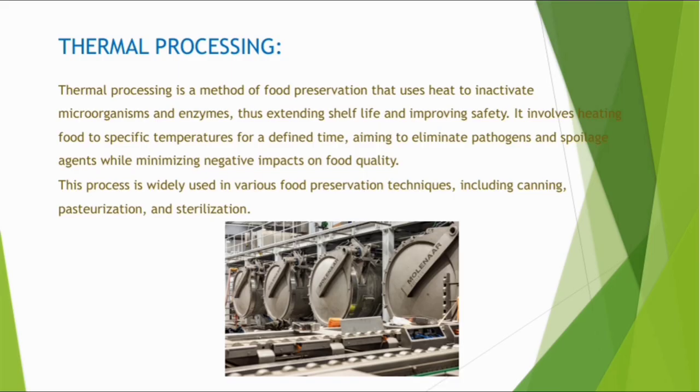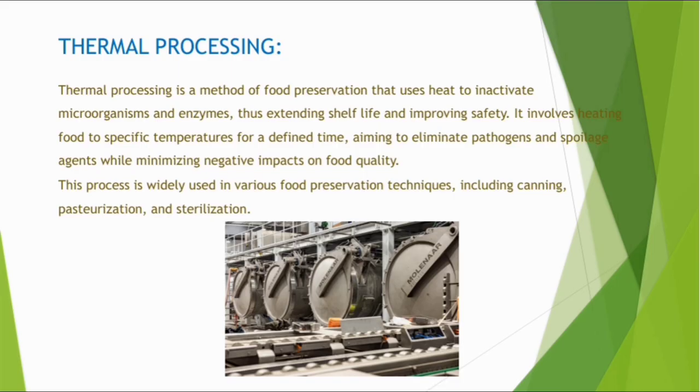The goal here is to eliminate dangerous pathogens and spoilage agents, but it's also important to do this in a way that minimizes any negative effects on the food's quality, like texture or flavor. You'll notice that thermal processing is a foundation for many preservation techniques we rely on, such as canning, pasteurization, and sterilization.